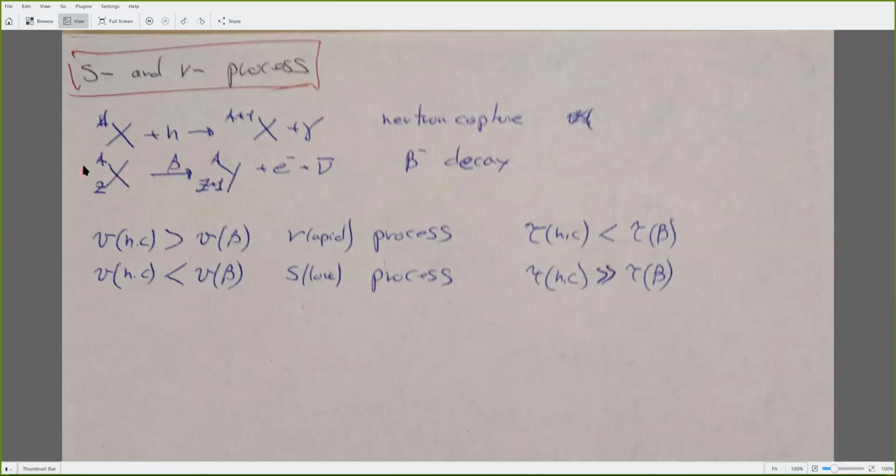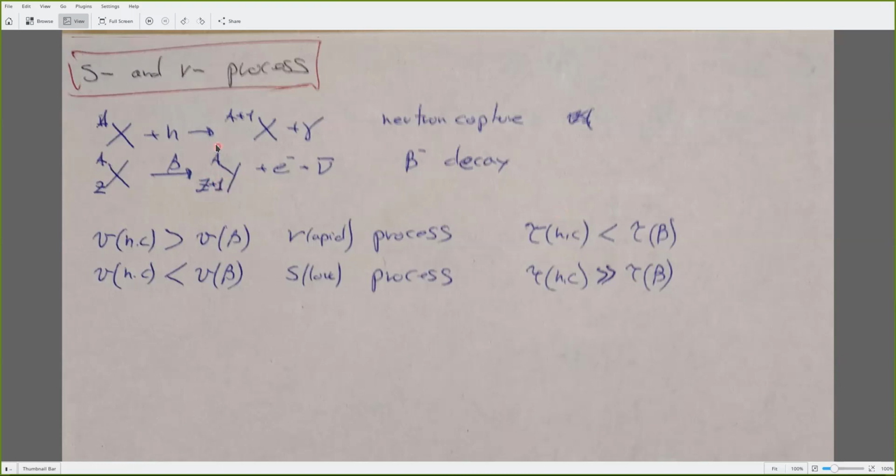We have an element with mass number A and atomic number Z that decays, emitting an electron, so a neutron decays into a proton of almost the same mass. So the atomic number increases by one, we go to the next element.